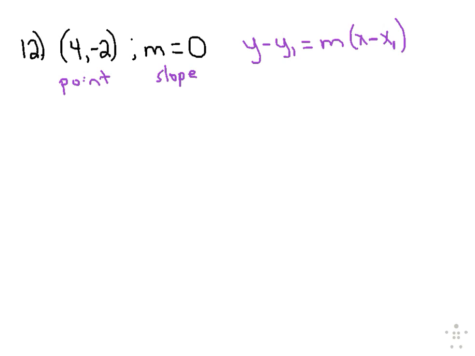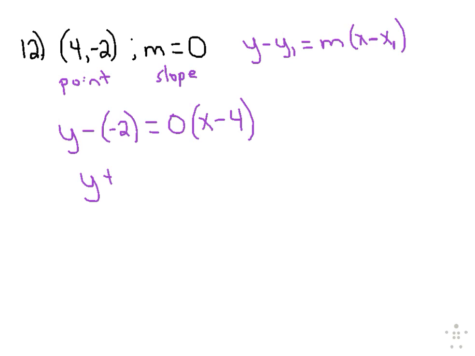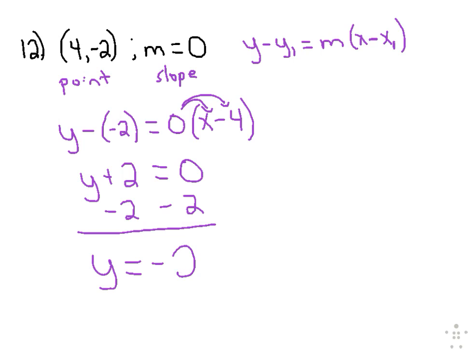So y minus y1 is equal to m, which is 0, times x minus x1. Now minus a negative, so that's y plus 2 is equal to, when you distribute, 0 times anything is a 0. Then subtract 2 from both sides, so y is equal to negative 2. So this is actually a horizontal line where it crosses the y-axis at negative 2.